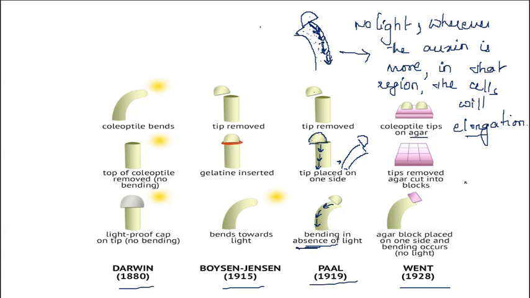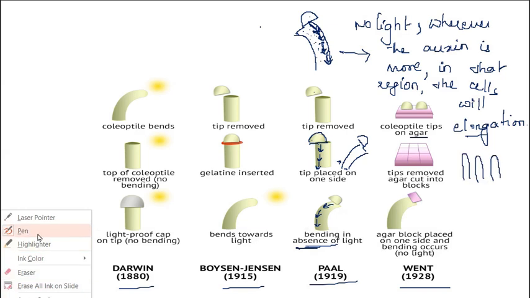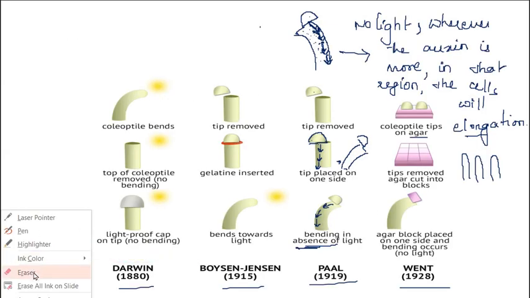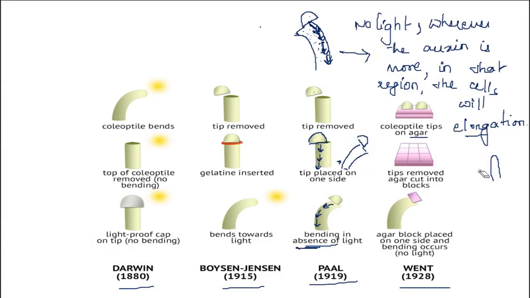It doesn't matter whether the tip is placed towards the right side or the left side. Auxin can diffuse everywhere, but there will be a difference in the concentration. In the shaded region the concentration will be more.